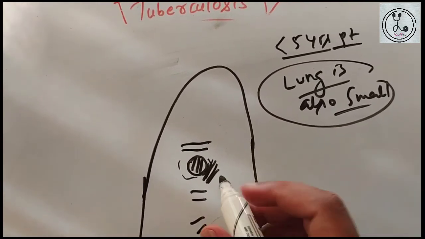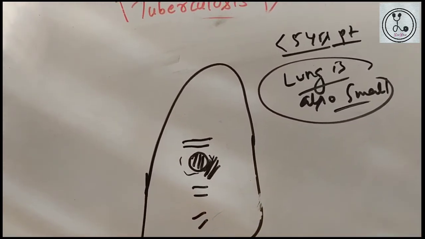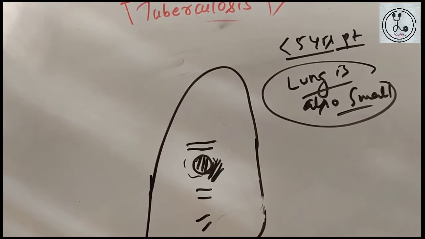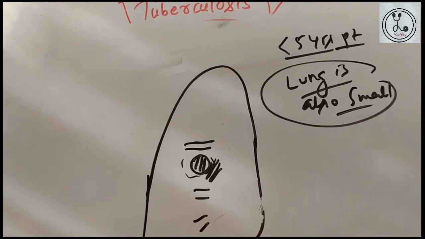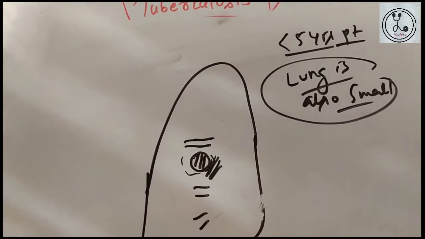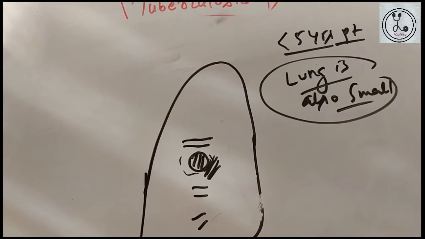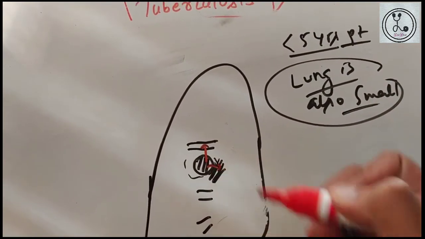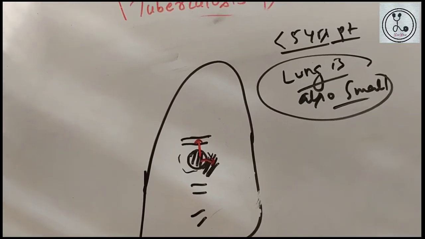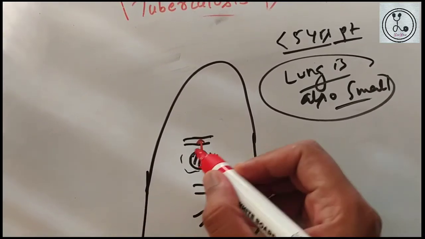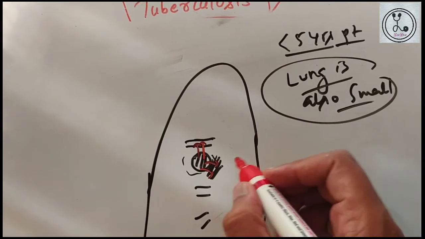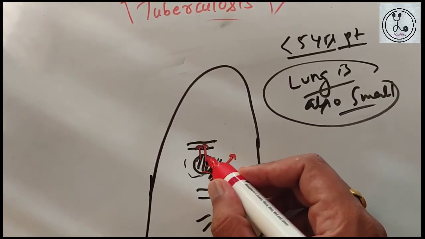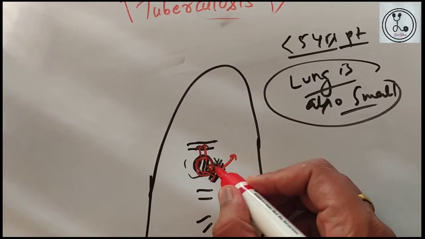That is why, though the cavity will be small, there can be a chance of communication of an airway with the cavity. Yes, there will be less chance, but there can be communication of the cavity with the airways, basically the smaller airways, not the larger airways. So from the smaller airways the bacteria can go, and the cavity can involve the smaller airways.